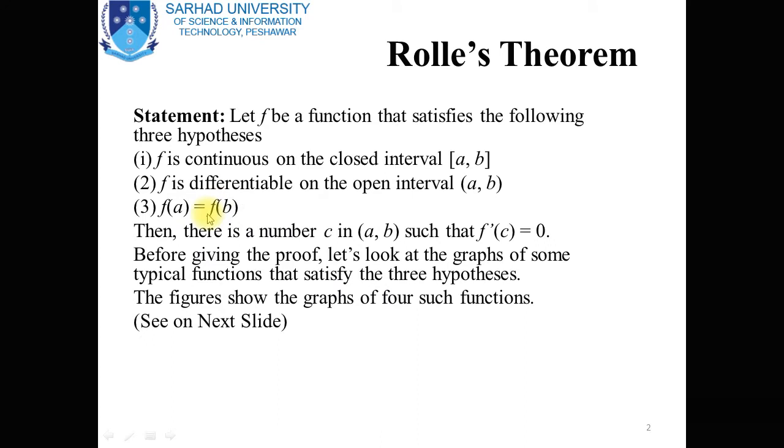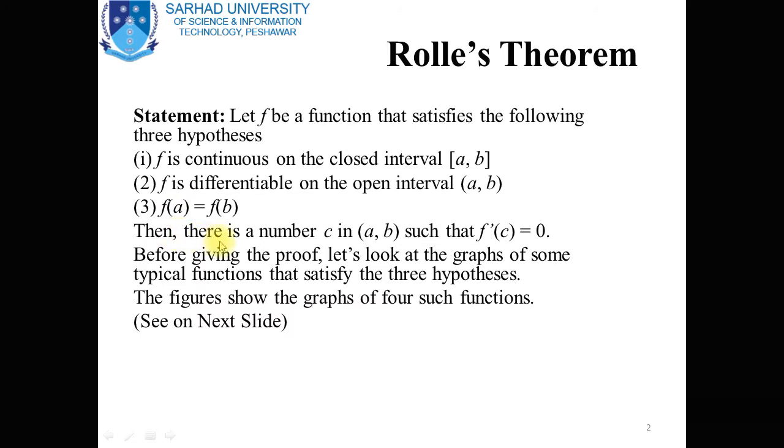Then there is a number c in this open interval (a, b) such that the derivative of the function at this point c is equal to 0. So a function will satisfy the hypotheses of Rolle's theorem if these three conditions are satisfied.